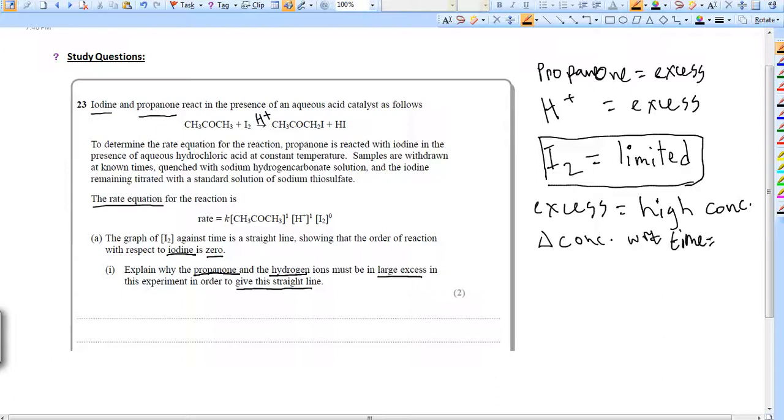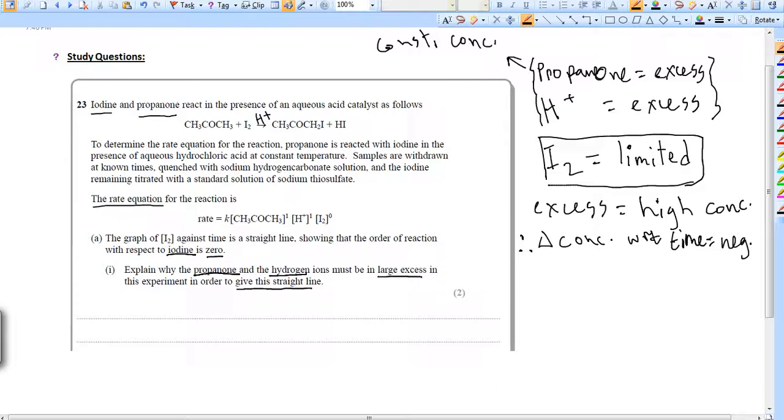That means the concentration of propanone and H plus is constant. These two species have constant concentration.